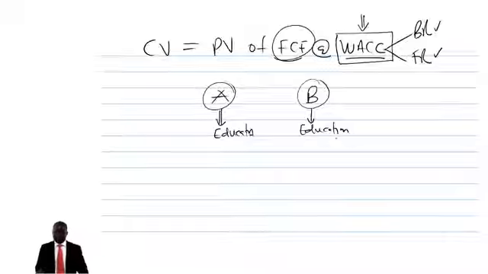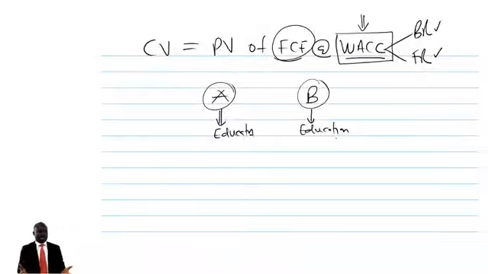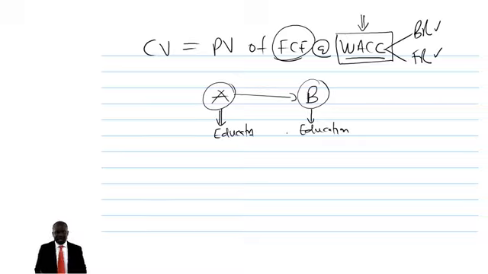If you remember, we said business risk is associated with the industry in which the company operates. Therefore, if A is going to buy B and all these companies are in the same industry, then business risk is not going to change.